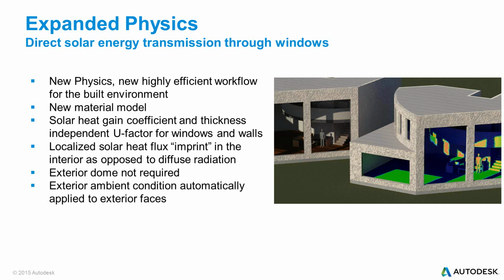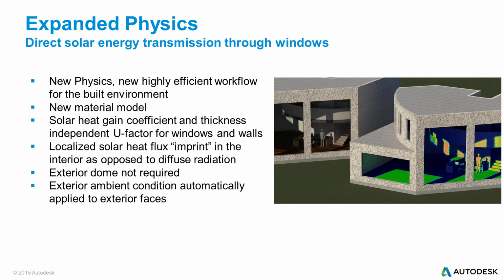In addition, by streamlining this workflow, we removed the necessity, if you're doing an internal study here, to have that exterior dome for these solar studies. And I think equally as important, in the past, if you wanted to put the exterior ambient without having that exterior dome on the building, you just select every exterior surface on whatever you're modeling, and then assign the boundary condition.